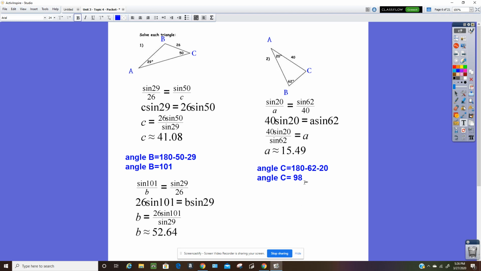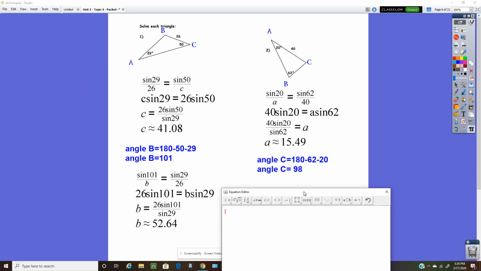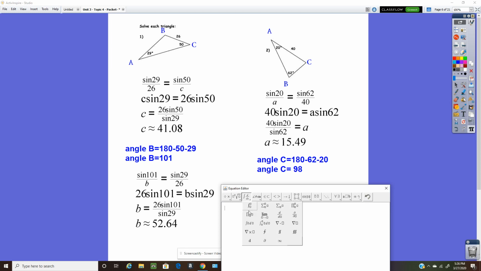And then going back here, so now I know that this is 98, and I want to find side C. So the final proportion that I'm going to make here is sine 98 divided by side C. We don't know what that is.